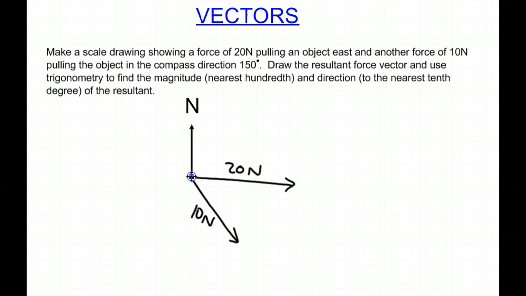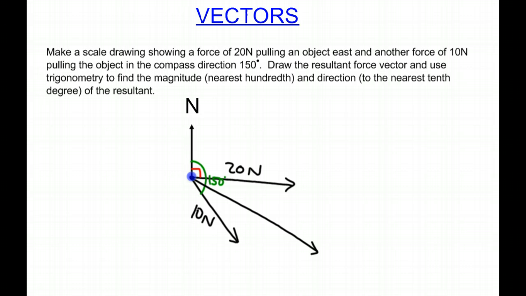So we know that our east angle here is 90. And we know that our other angle here is 150. And what we want to find is the resultant, which is in between those going out.